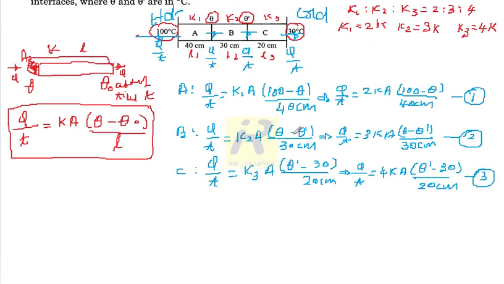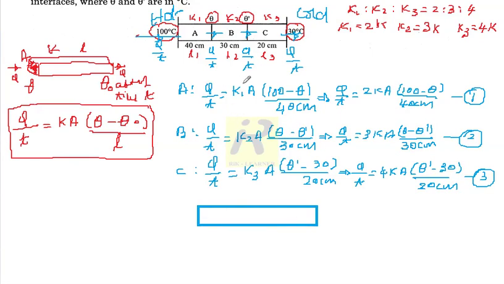Okay, so having said this, let me say something more. If we think of the complete rod as a single rod, ABC as a combined rod, what should be the complete length?